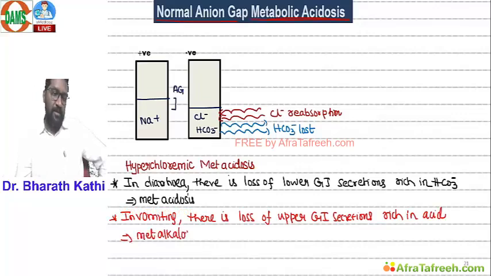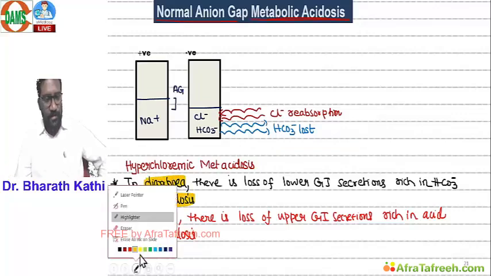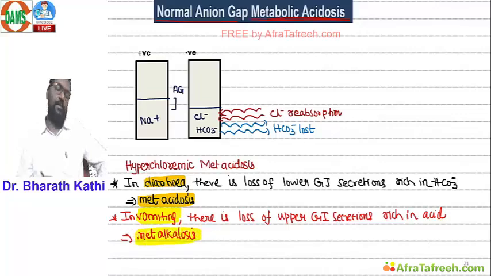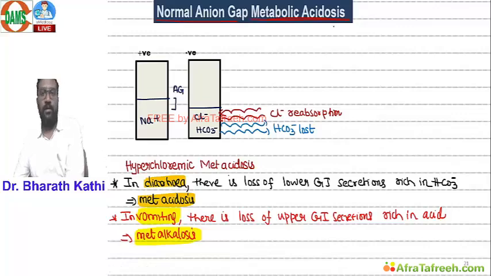If acid is lost, there will be metabolic alkalosis. Simple words: diarrhea, metabolic acidosis, vomiting, metabolic alkalosis. Next, what happens in hyperaldosteronism?